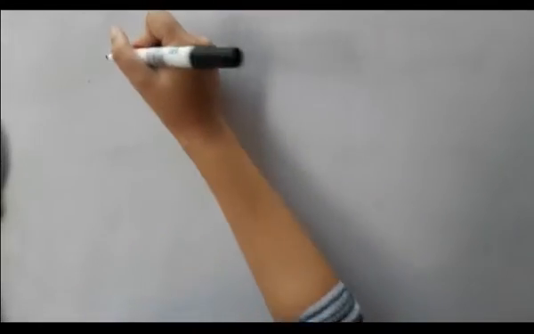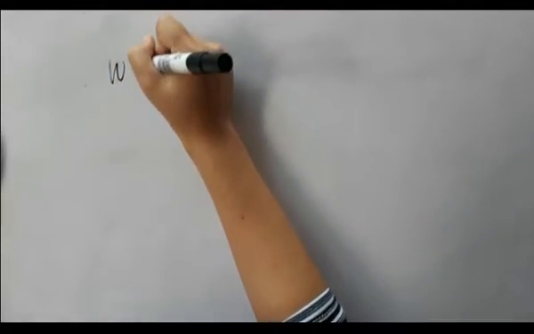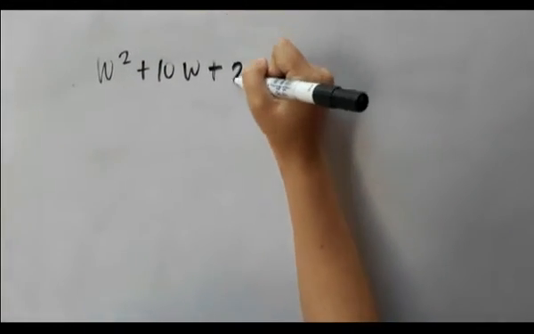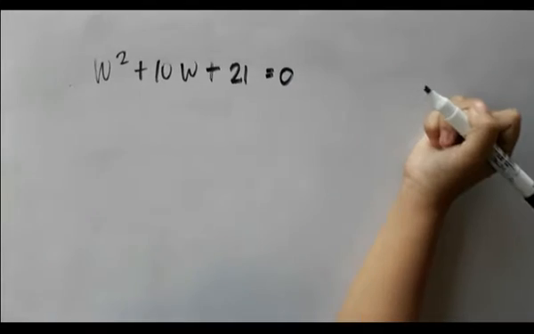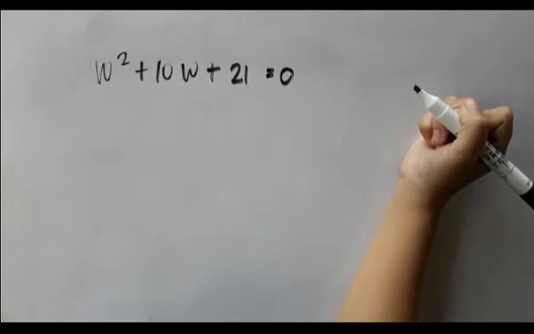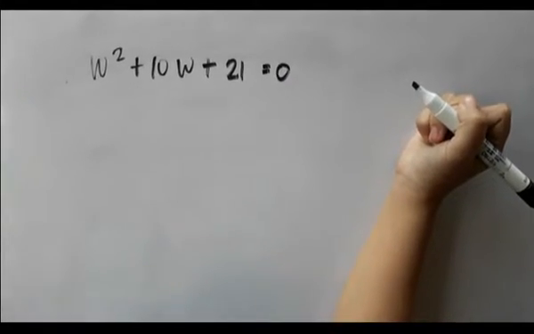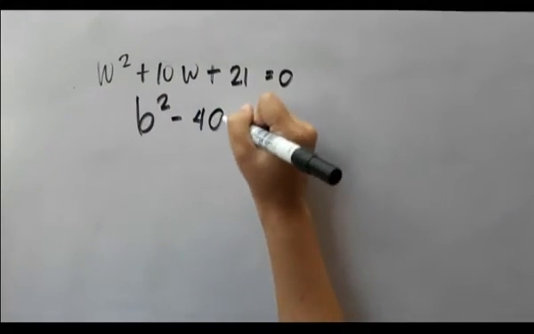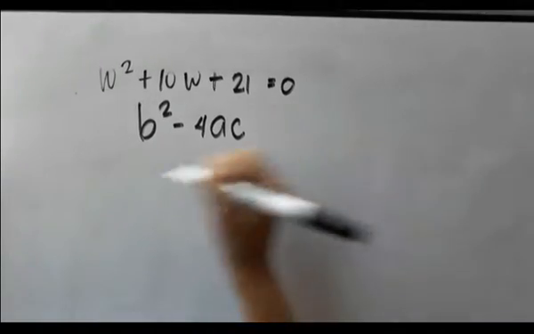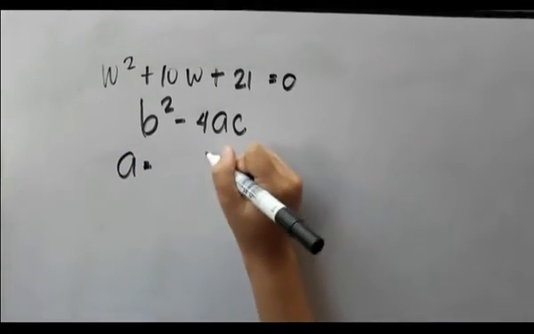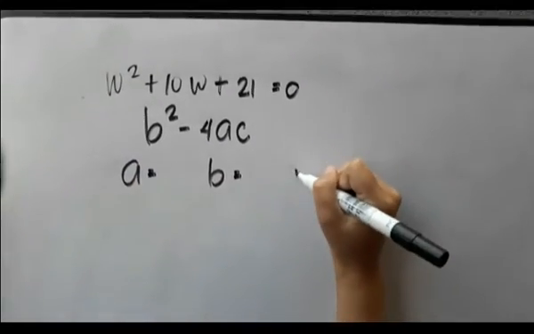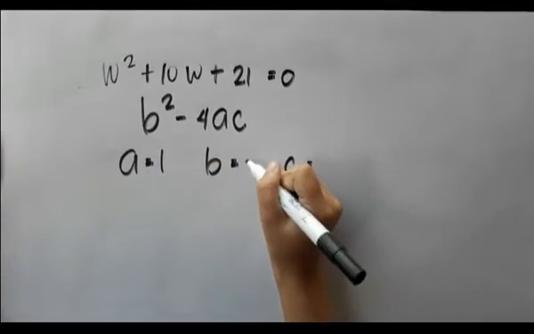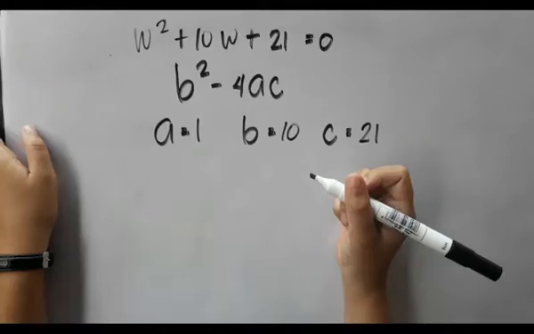For example, given the equation w squared plus 10w plus 21 equals 0, to determine the nature of the roots, we must find the discriminant, which is defined to be b squared minus 4ac. But before that, we must identify the values of a, b, and c, which is a equals 1, b equals 10, and c equals 21.